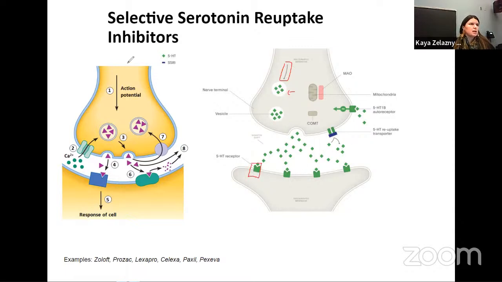Okay. Now, what the selective serotonin reuptake inhibitors do is they block the reuptake of this molecule, right? They block the reuptake of the serotonin, which means that we're going to have essentially more serotonin in our brain. We're going to have more serotonin hanging out for longer in the synaptic cleft, which means that we can have more of an effect here, right?